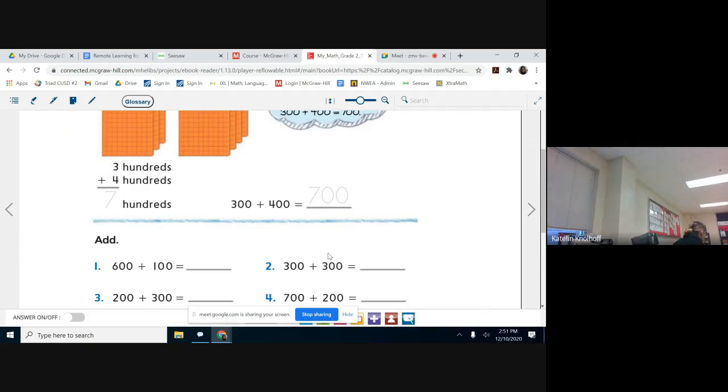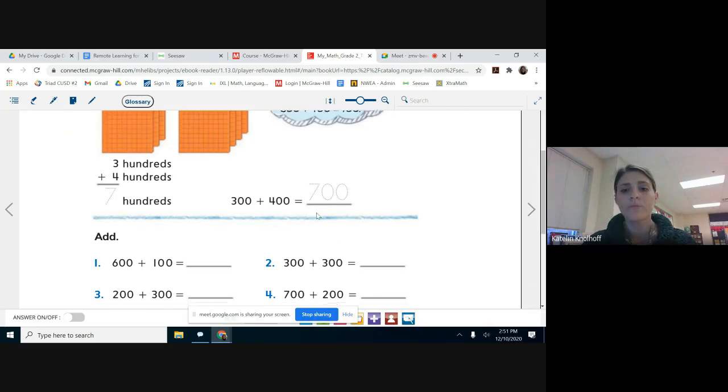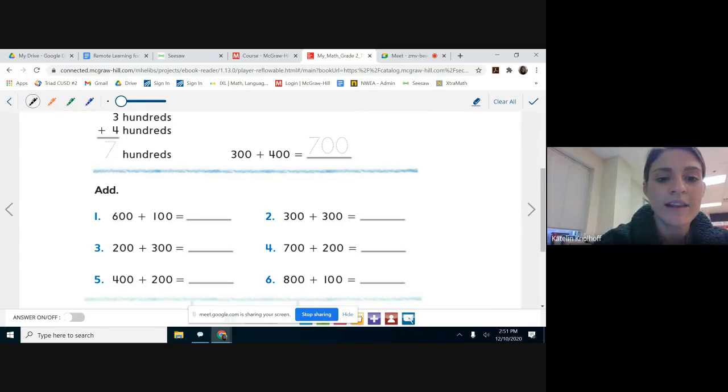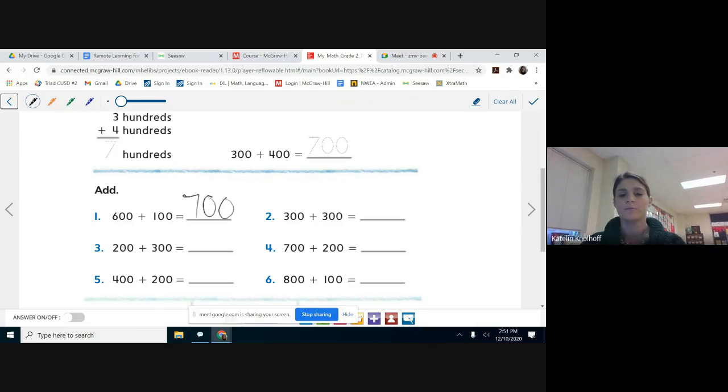All right, so let's look at number 1. If we look at 600 plus 100, if we know the fact 6 plus 1 equals 7, then we know that 600 plus 100 equals 700.